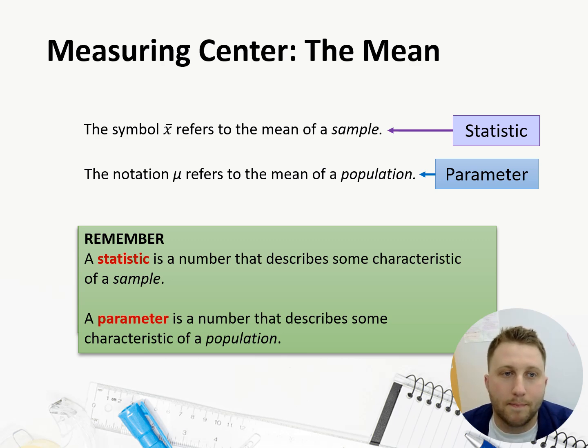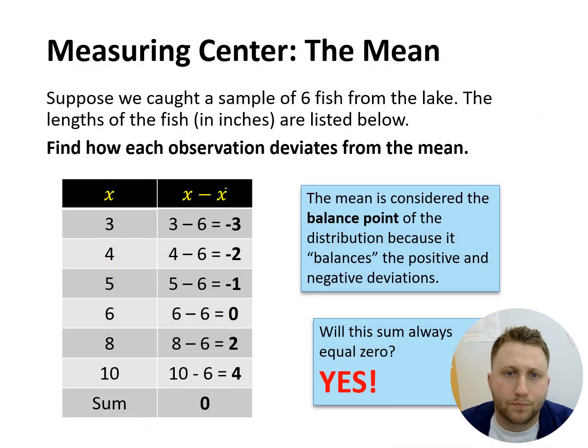And the example that we had when we got to this section in the class slides was catching these fish. And we essentially said we had 6 fish. One is 3 inches, one is 4 inches, one is 5 inches, one is 6 inches, 8 inches, and 10 inches. And we wanted to find the balance point of the distribution. That would be the mean.